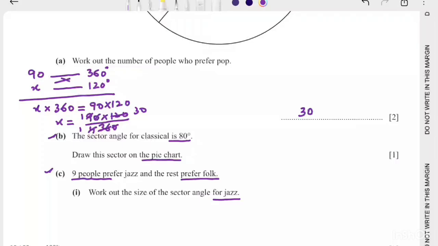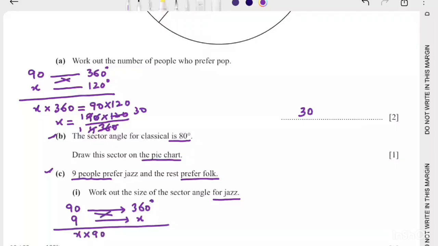So for this purpose, first of all, we should know that the total people are there in 360 degrees, and 9 people would be at what angle. So we have to cross multiply.